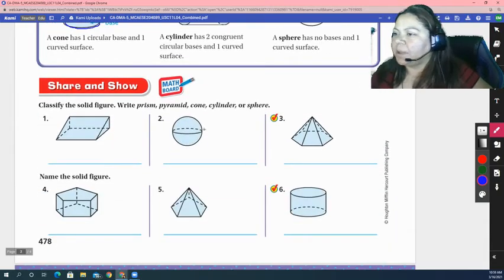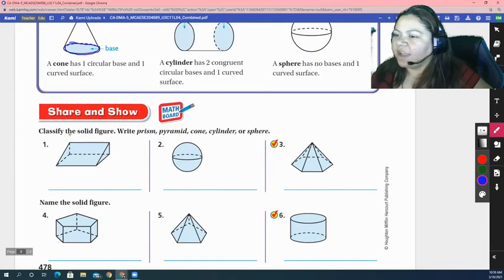So here we have some examples. We have to classify the solid figure, right? Prism, pyramid, cone, cylinder, or sphere. So for the first one, we're only going to say if it's a prism. Remember, a prism has two lateral faces. A pyramid has one lateral face. A cone has a curve, and so do the cylinder and the sphere.